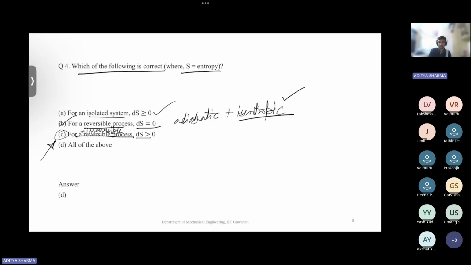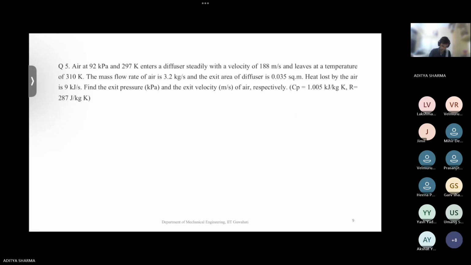All right then. Next question. So this is a numerical.